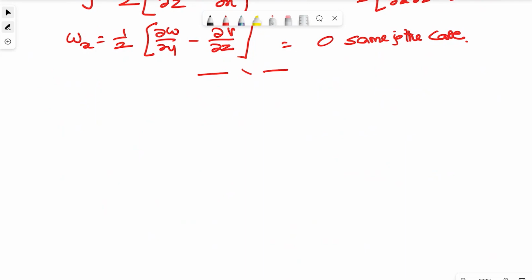Then the next one is stream function. Stream function is represented by psi.